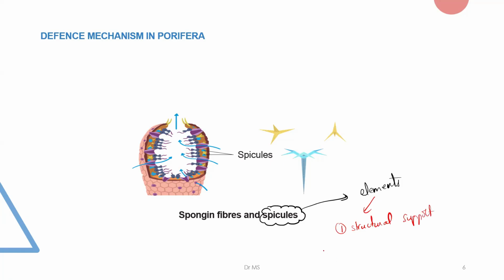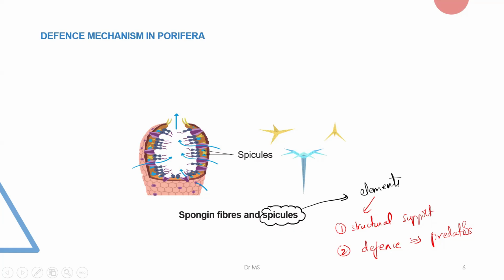Second, they are also helpful for defense against the predators. Understood? So they have a special kind of elements that help in providing structural support and also help in defense against the predators.